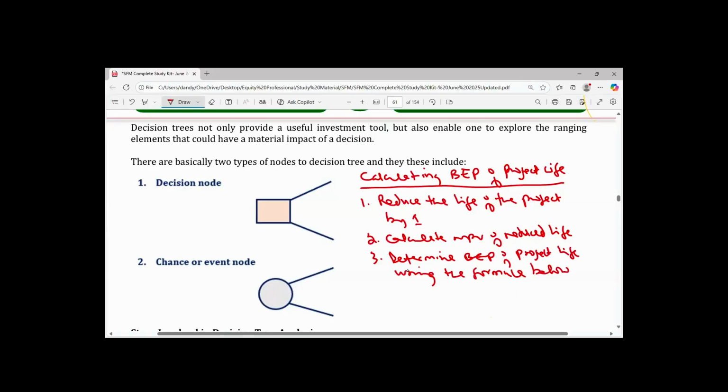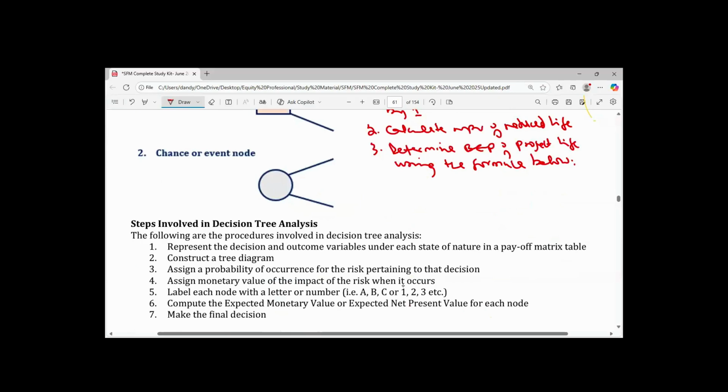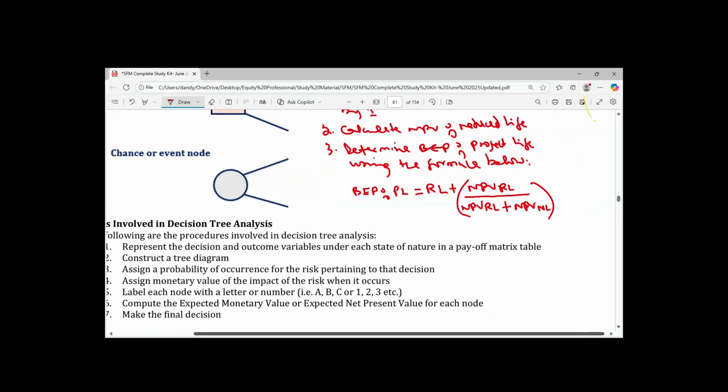Just like the internal rate of return, break-even point of product life will be computed as reduced life plus net present value of reduced life over net present value of reduced life plus net present value of normal life, all of this multiplied by normal life minus reduced life.